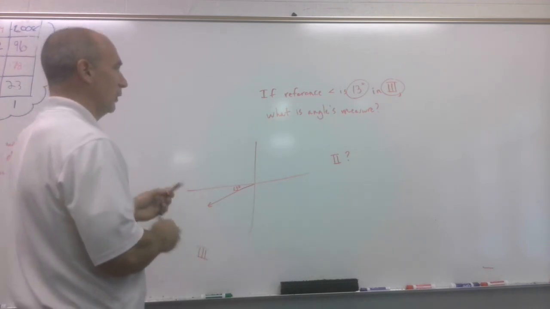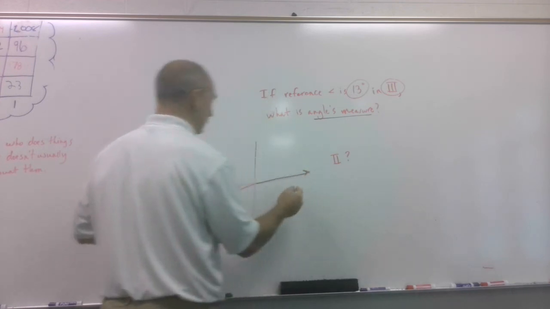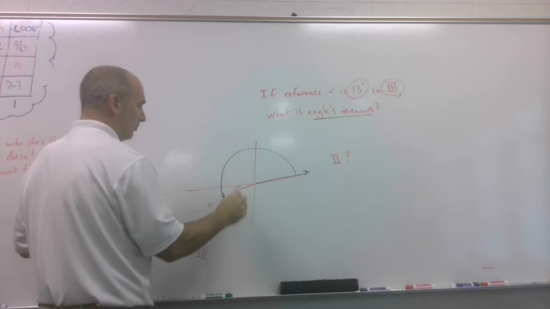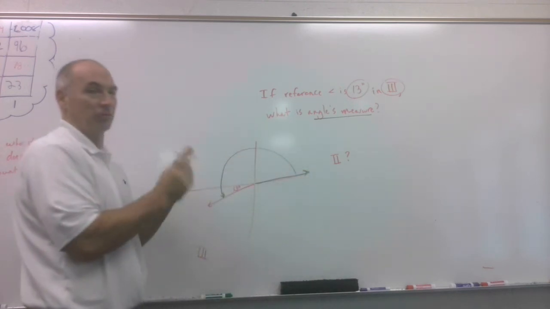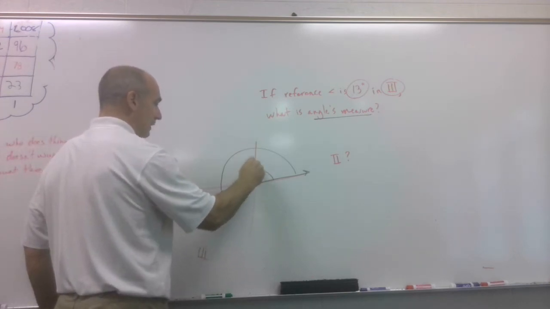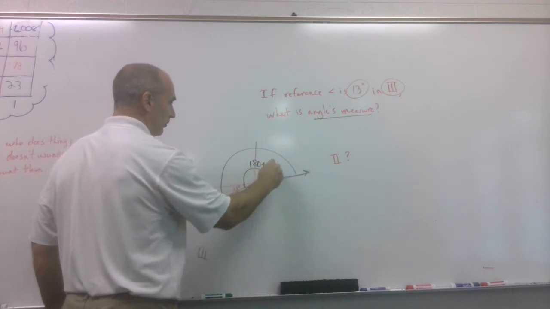They're asking you, what's the angle's measure? In other words, if I start in standard position, my initial side, how far do I have to spin my spinner to get there? Now, they don't tell us positive or negative, so I'm just going to assume they want the positive. Well, that would be 180 plus that little shaver, plus 13.